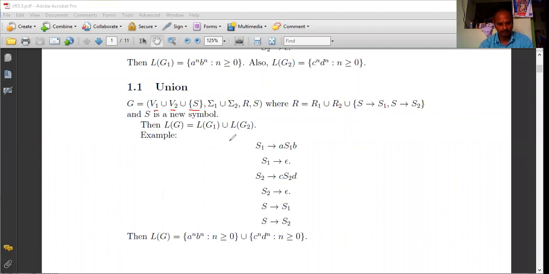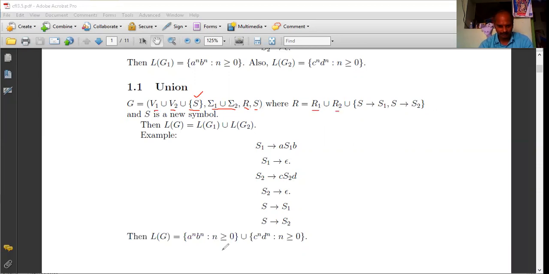This S variable is used to combine these two grammars, along with the input symbols of G1 union G2, and R is the productions, and S is the new start symbol. R contains the productions of G1 and the productions of G2.